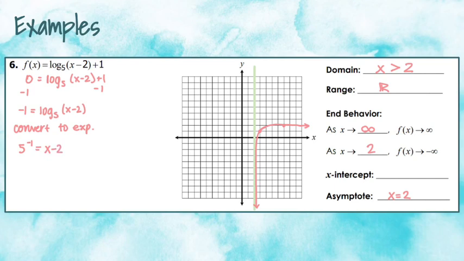So then if I type 5 to the -1 power in my calculator, I'm going to get 1/5 equals x minus 2. Then I'm going to add 2 to both sides and get that 2.2 is equal to x. You may have also gotten 11 over 5, but 2.2 is easier to graph. So our x-intercept is going to be 2.2, 0.